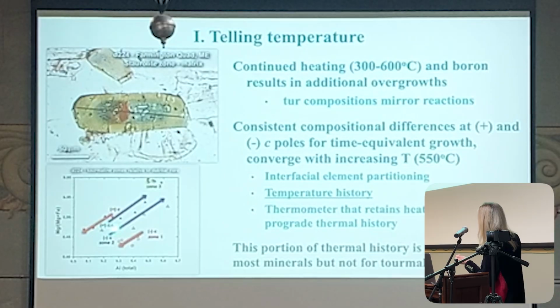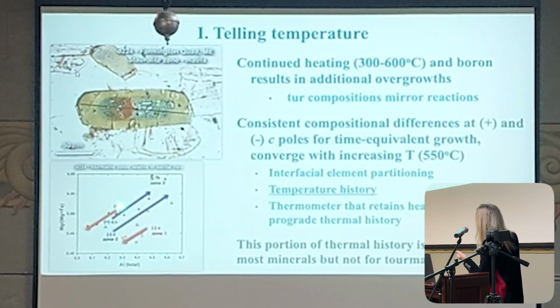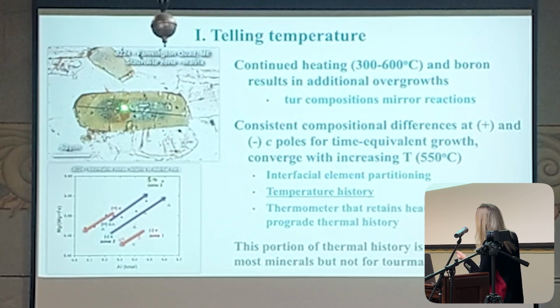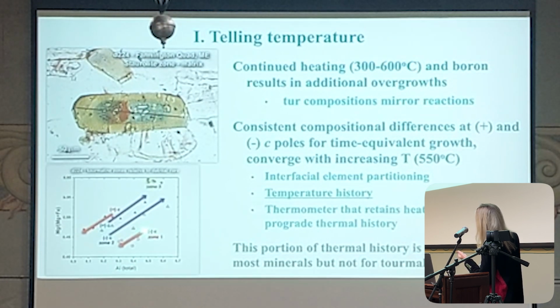If we look at the chemistry of the tourmaline and compare the plus and the minus C directions, this arrow plots the composition at plus C, and this arrow plots the composition at minus C. And you can see there's a distinct difference between plus and minus C in composition.